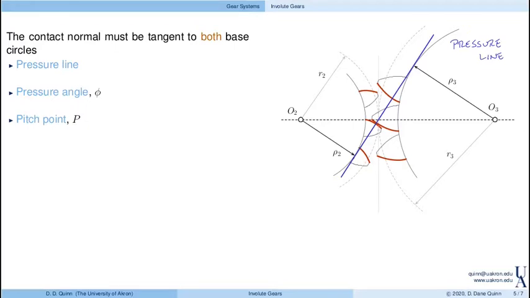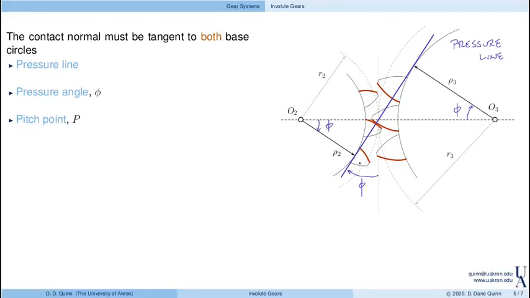Now, notice that this line of action, the pressure line, is inclined at some angle. That angle is known as the pressure angle, and it's given by phi. Also, phi ends up being that angle and that angle. So for a given pressure angle, all three of these must be identical.